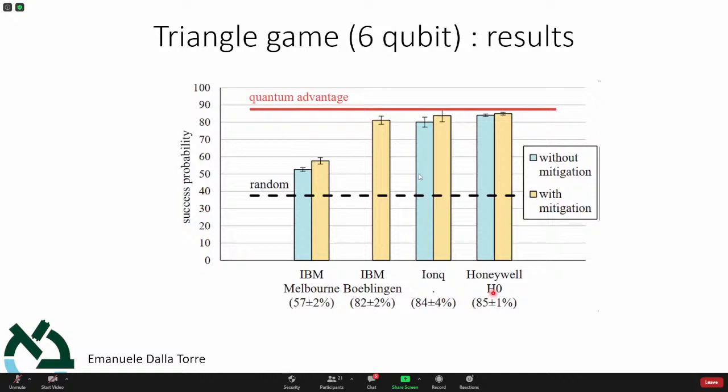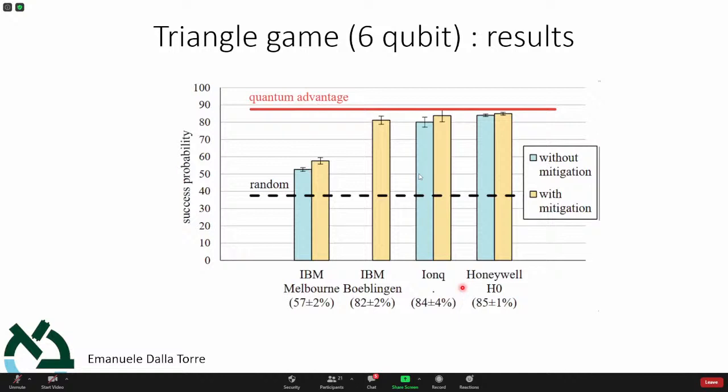The noise is too big to demonstrate a quantum advantage for this specific problem. So these are the bad news, or maybe the interesting news, because it means that we need to improve our quantum computers. There is still work to be done, which is great news for the students. We need you. We are not there yet, so we need your help to get there. So that's point number 1.